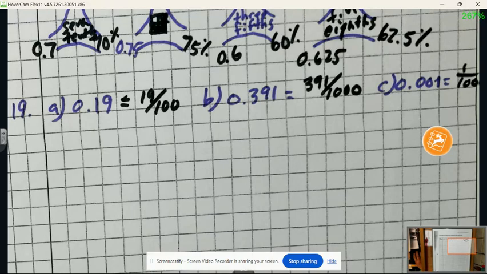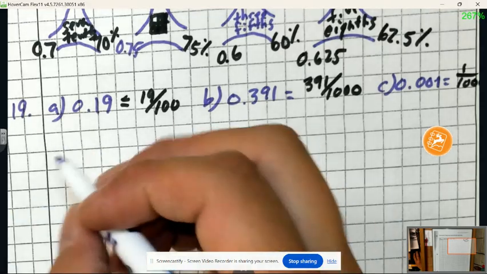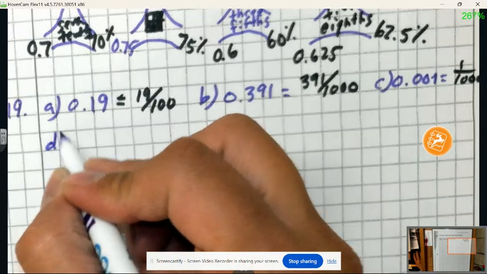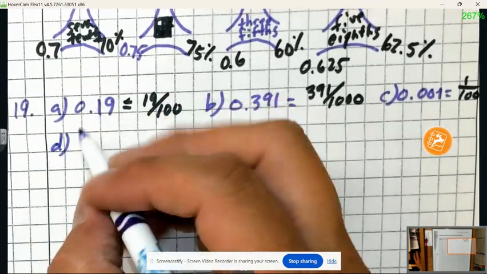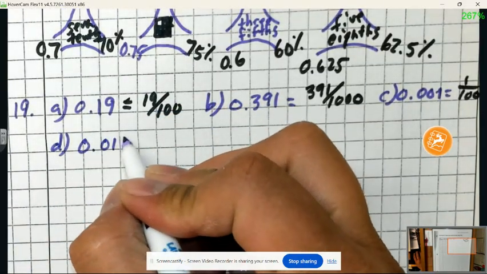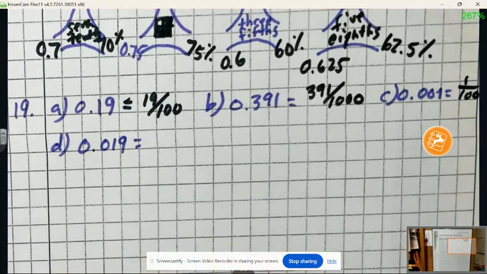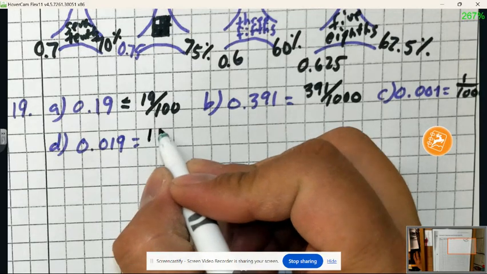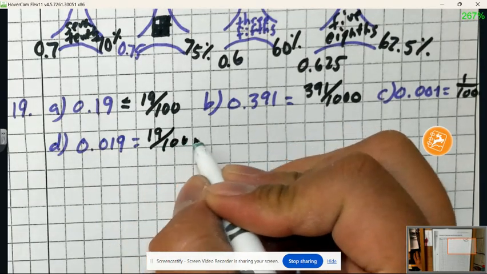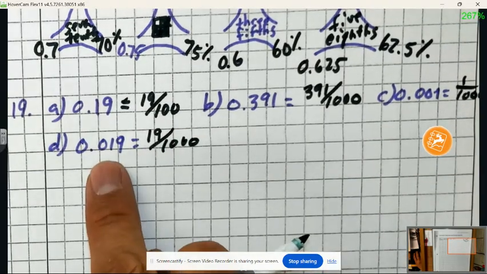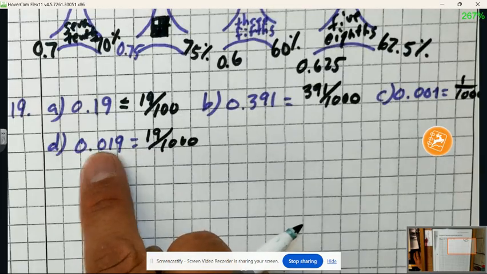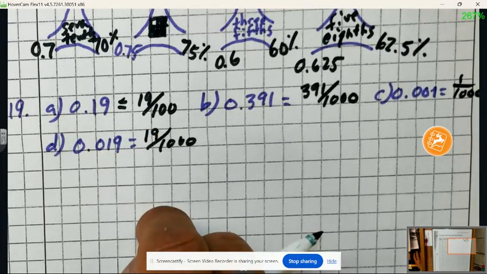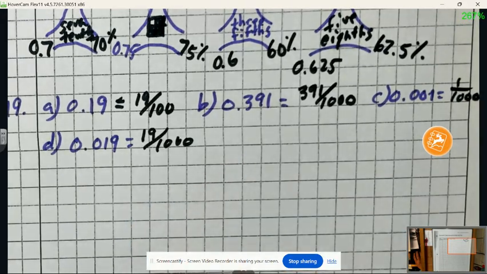Okay, and so the next one is D. We have 0.019. What would that be equal to? And you should have 19 thousandths. Okay, because that 0 is kind of like a placeholder. You have 3 decimal places, but only 2 numbers in the numerator of the fraction.